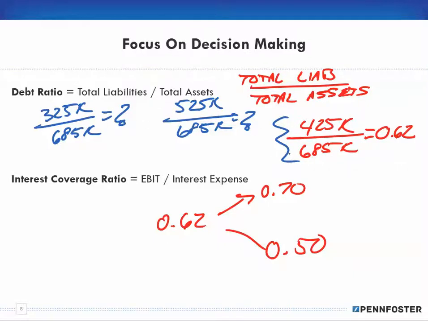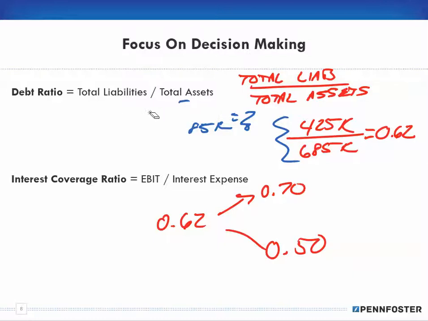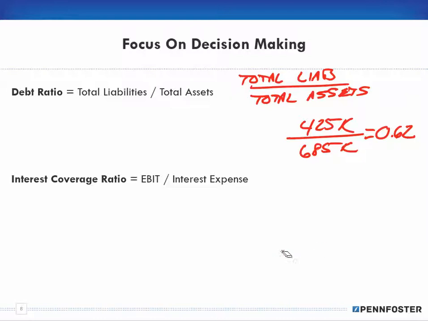You can increase your assets and decrease your assets and see the effect. Think that through. I'm not going to go through all the math for that. Do it for yourself, but I highly recommend that you do that so that you understand the effects of increasing and decreasing liabilities and assets, how it affects your debt ratio.